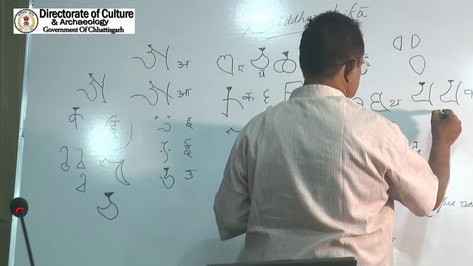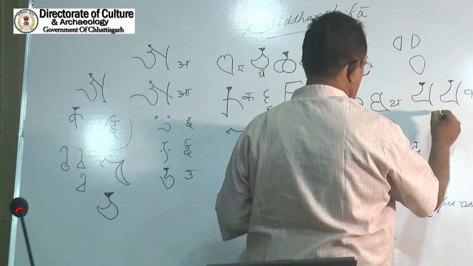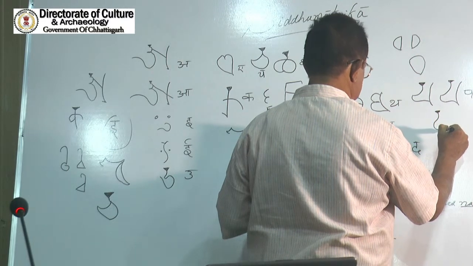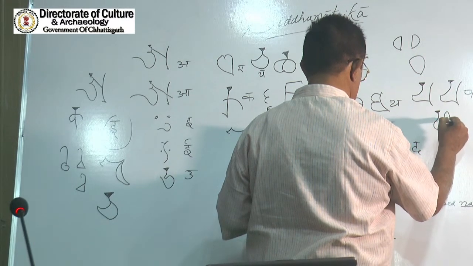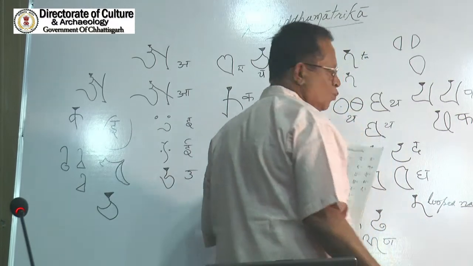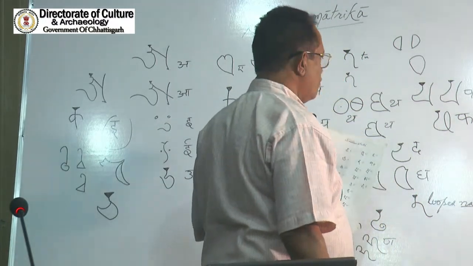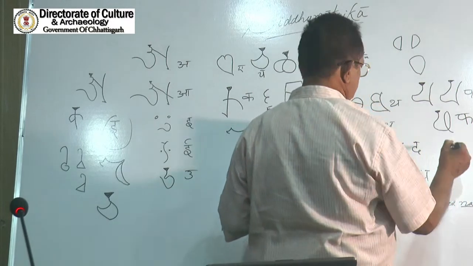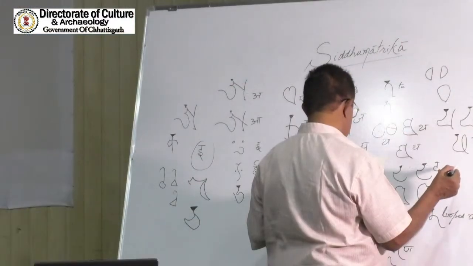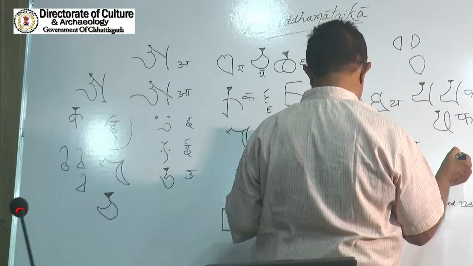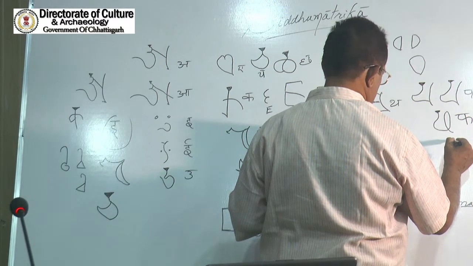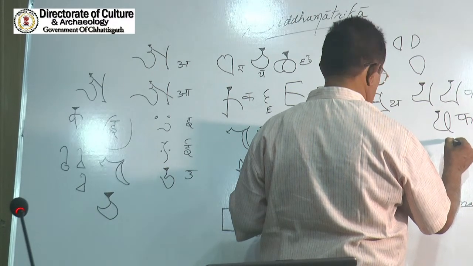Fa is written like this. Again a head mark, thick. You extend the stroke like this and give like this. And the wa and the ba, there is not much difference.